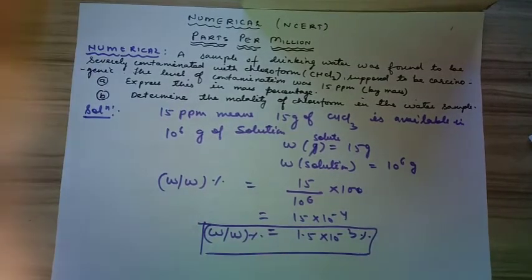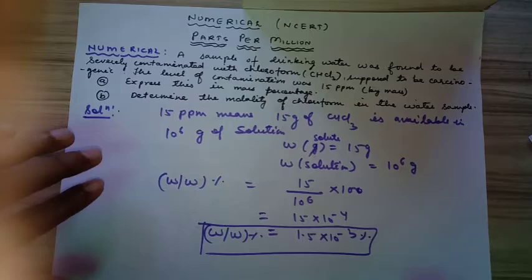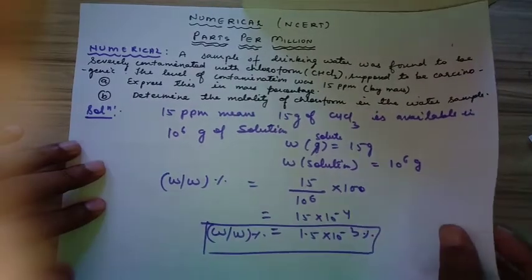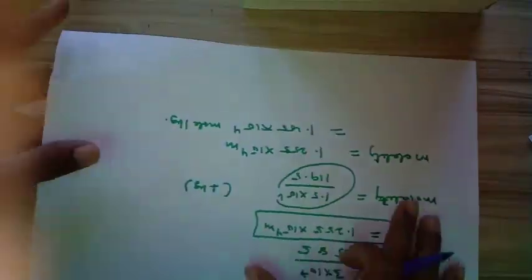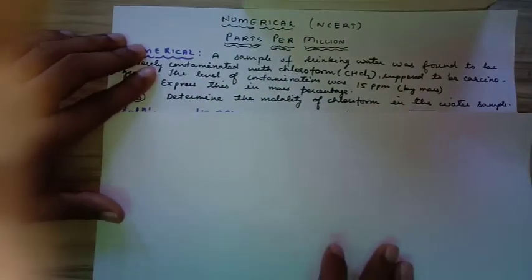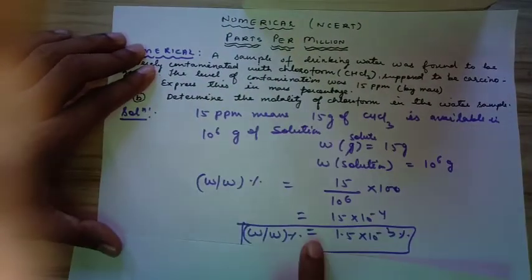Now we have to determine the molality, and molality is obtained for 1 kg of water. So over here, the given percent is for 100 grams.